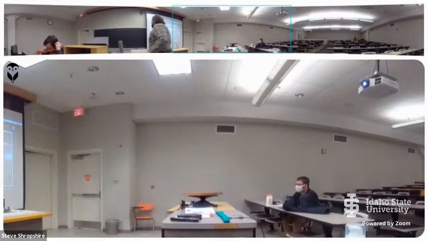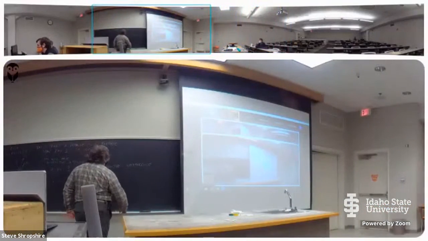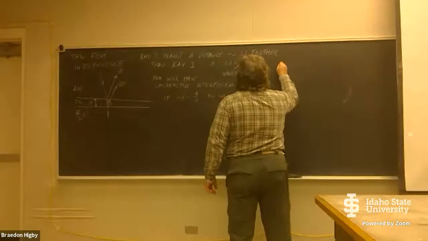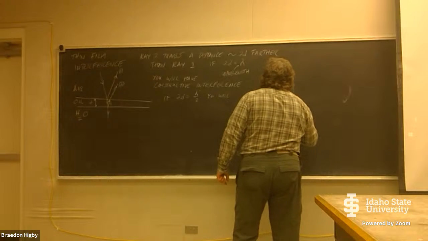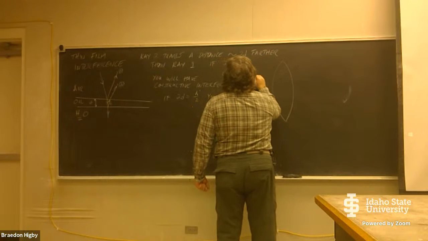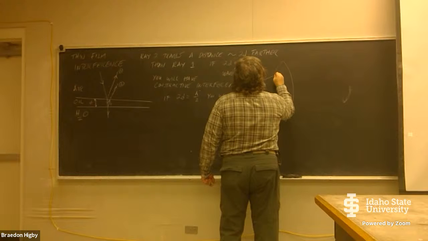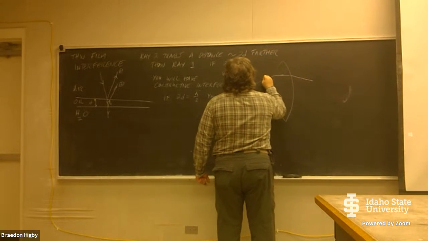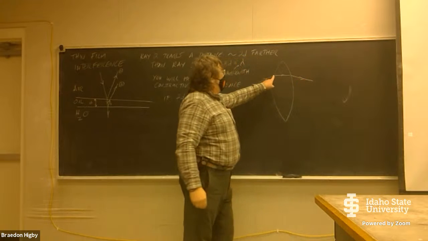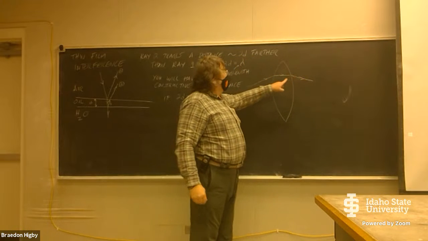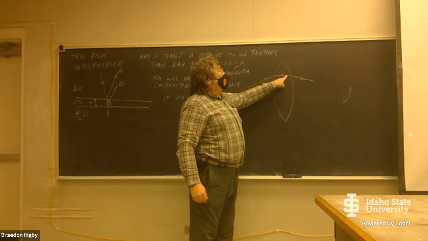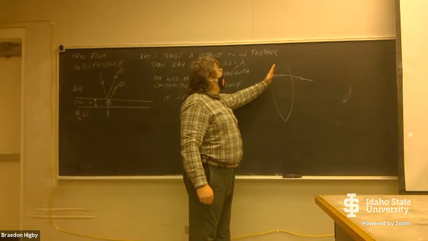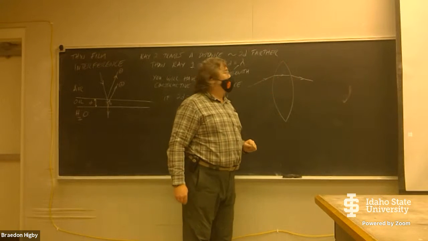But Fresnel realized something quite important. In a lens, you have the light refracting only at the surface. You really don't need all this glass in between. It's not necessary. You just need to have the right curvature in the right spot.